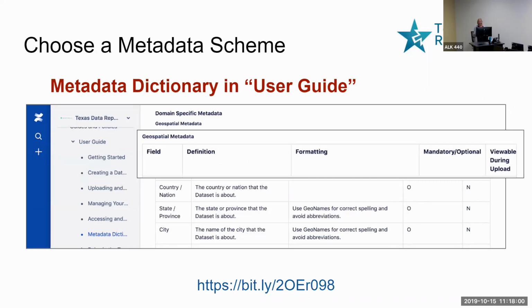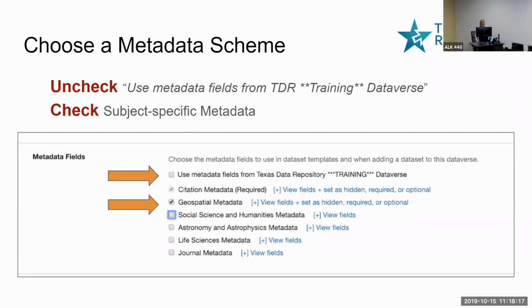And it'll show the definition of that, some example formatting, and then it'll also tell you whether or not it is mandatory or optional. So that's really nice. I would recommend browsing that before you start uploading and making a Dataverse, just for reference.